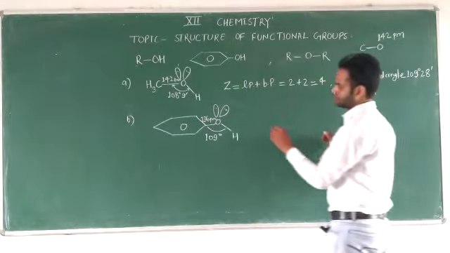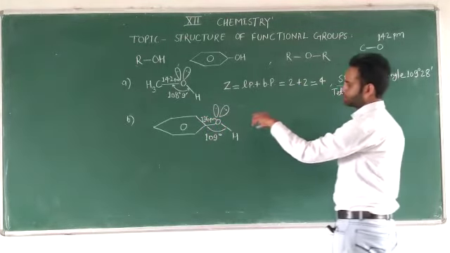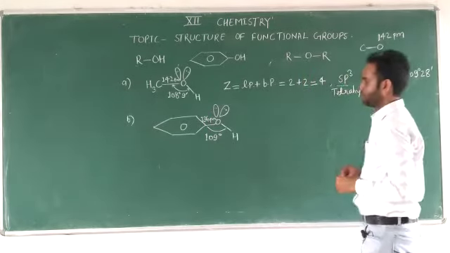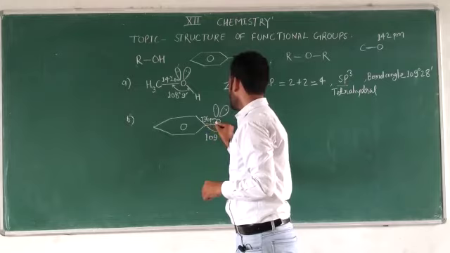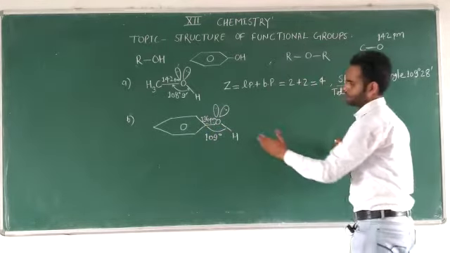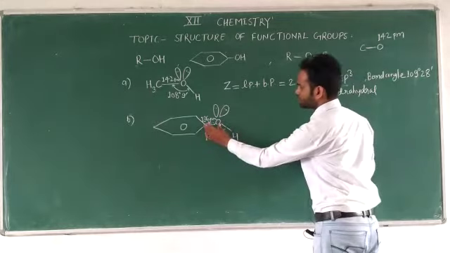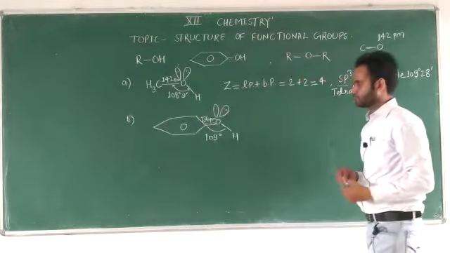Because it has a ring and the lone pair on this region shows resonance, and because of the resonance it has a partial double bond here. That is why it would be a very strong bond in comparison to the alcohol and ether.